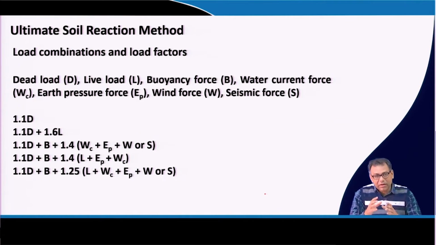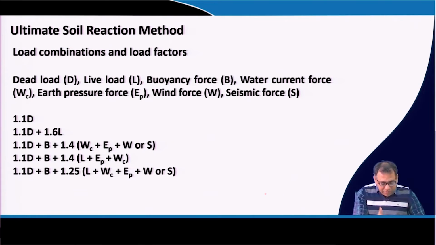Now, when the live load is added to the dead load, in the second combination, a load factor of 1.6 is recommended with the live load. This is due to probable overloading. So, if we add dead load and live load, this load factor is applied.